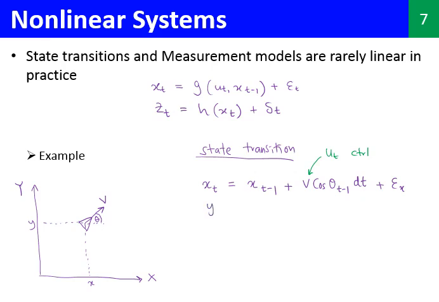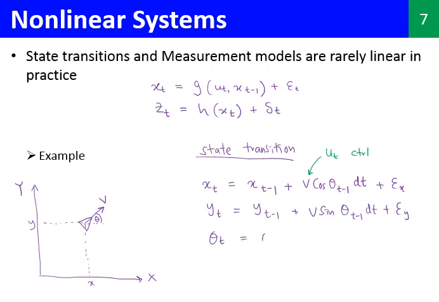Similarly, in the y direction we would have y_{t-1} plus v sin theta_{t-1} dt plus the noise. So with this translational velocity v, ideally we should not expect any change in the heading direction.